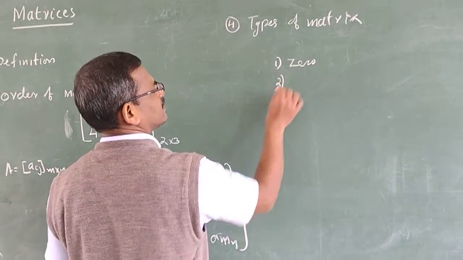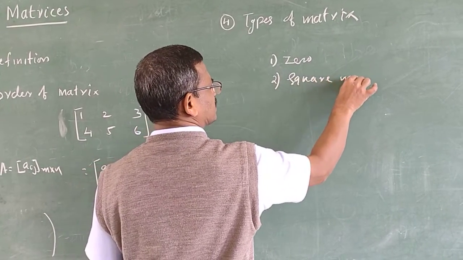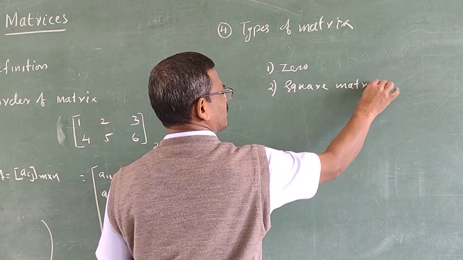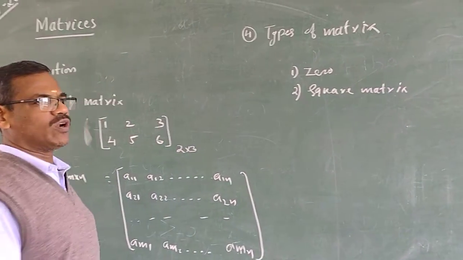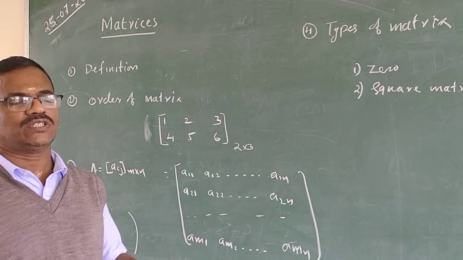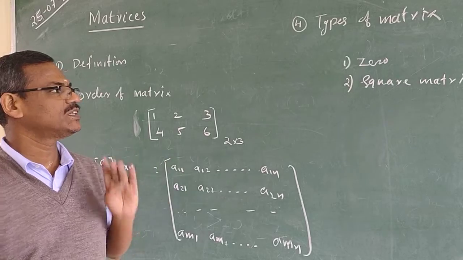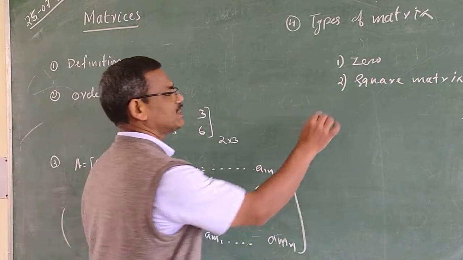Then the square matrix. What is a square matrix? If the number of rows and number of columns are equal, that means 3 rows and 3 columns, or 2 rows and 2 columns, 4 rows and 4 columns, such types of matrix are called square matrix.